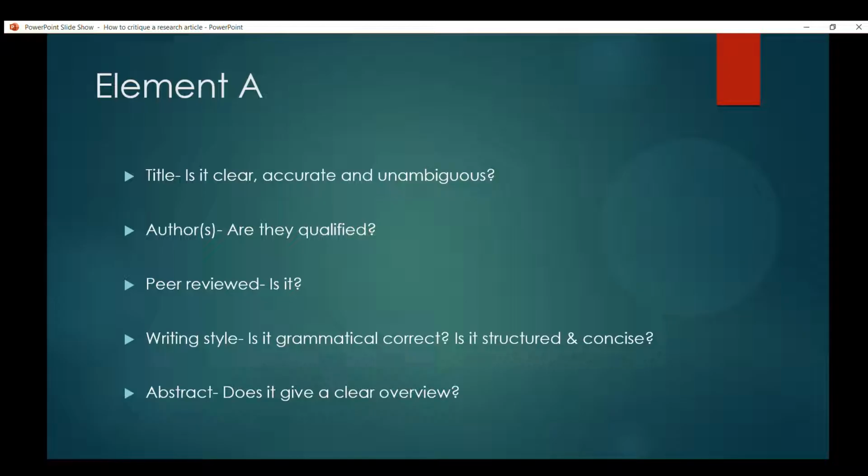Then that leads me to the authors, or the author or authors. How qualified are the authors? Now, what do I mean by being qualified? Say, for example, you're reading an article on cancer, the medical part of it, the clinical part of cancer, and the research was done by somebody that does web designing.